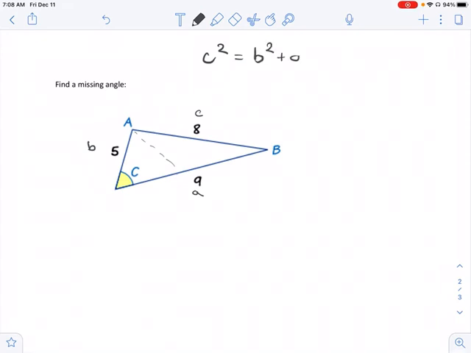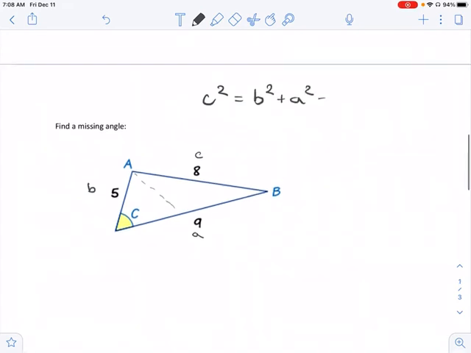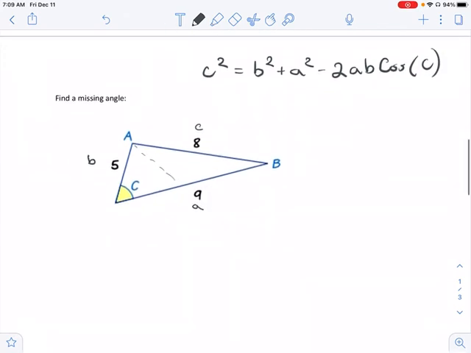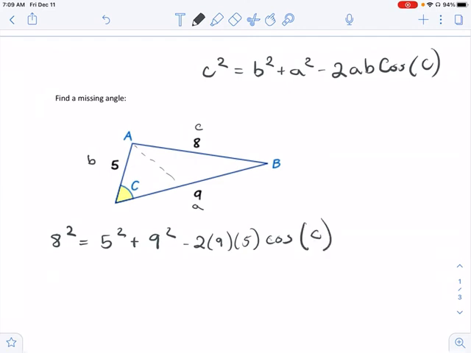So if I just rewrite that, this is going to be minus 2 times A times B times cosine C. Let's plug in everything that we know and see what we're still struggling with. So I end up with 8 squared equals 5 squared plus 9 squared minus 2 times 9 times 5 times the cosine of C, which I don't know.